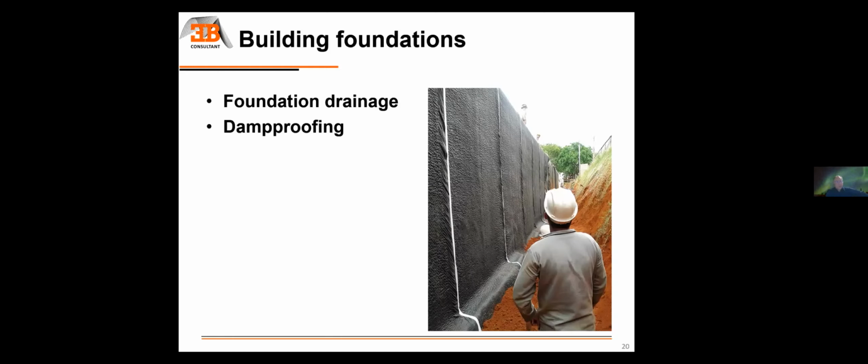So every residential construction in Canada must have a damp-proofing or drainage layer, which is typically cuspated sheets with or without fabric, to preserve the concrete from being in direct contact with the soil and to drain the water that could come from the soil toward the building.